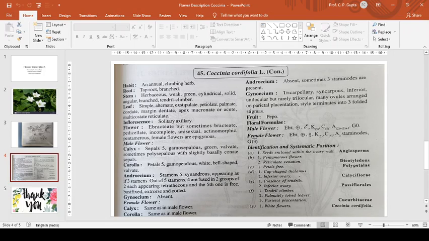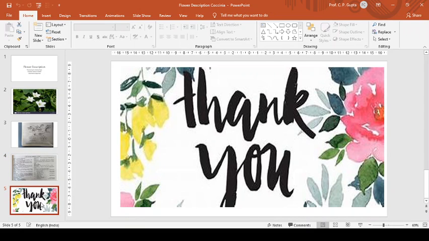So all parts of this plant are economically important. Fruit, leaves, roots, all plant parts are economically important. So this is all about family Cucurbitaceae and genus Coccinia cordifolia.